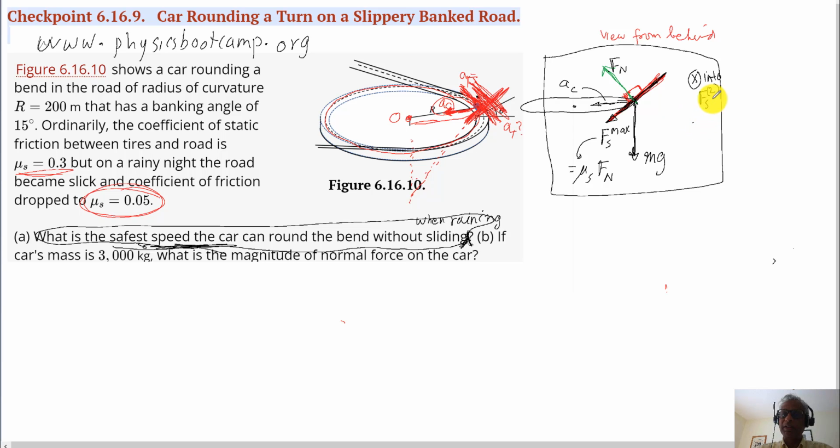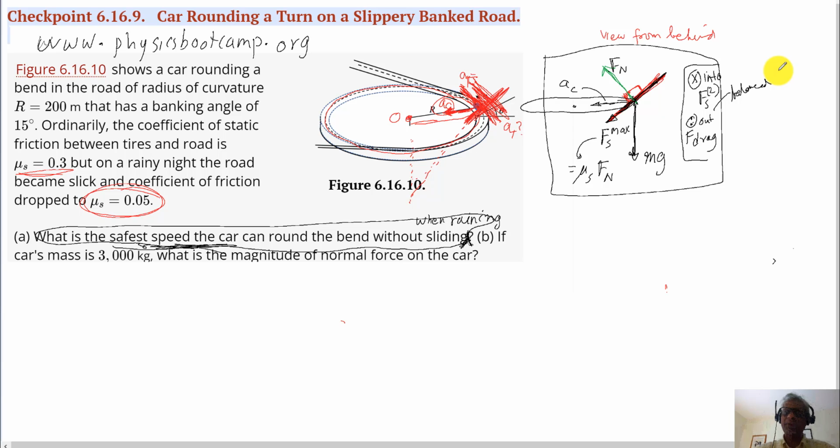If this were the only force, the car would speed up, because in that direction it's going to speed up. There will be air drag coming out. Then if they are balanced, then v is constant.